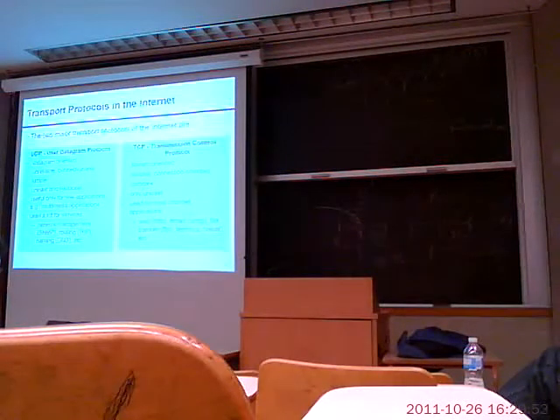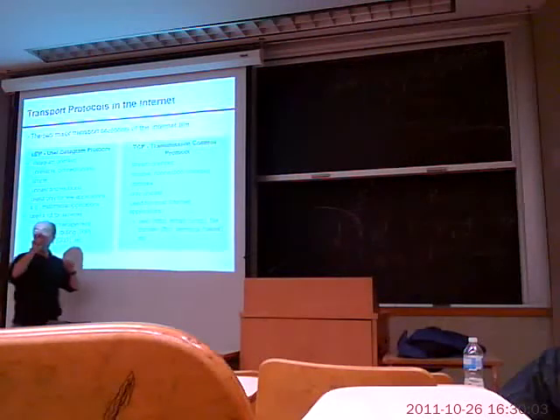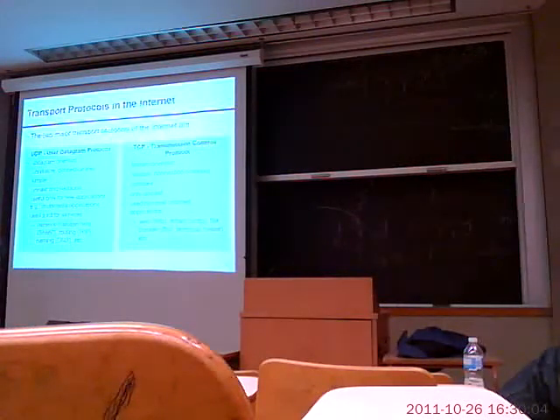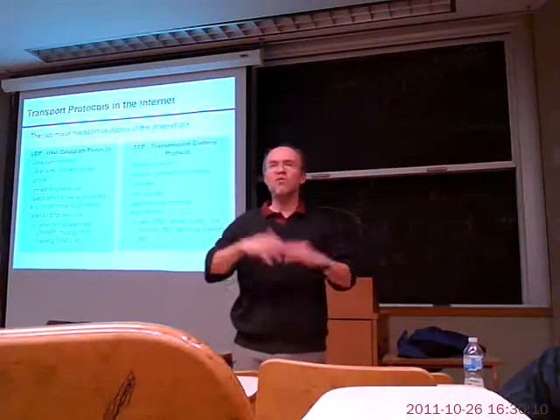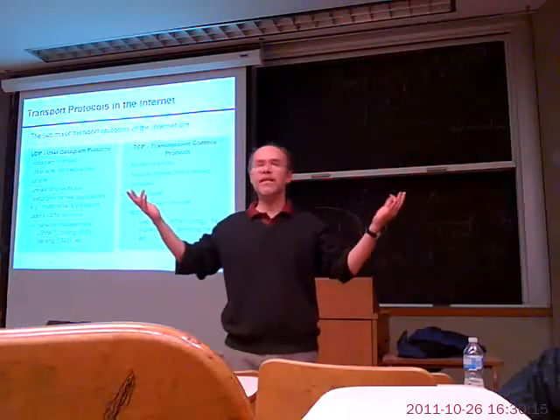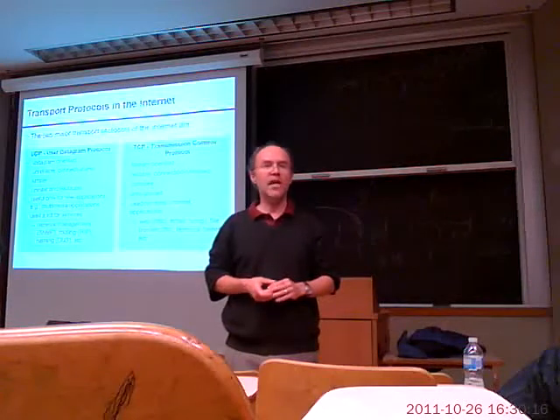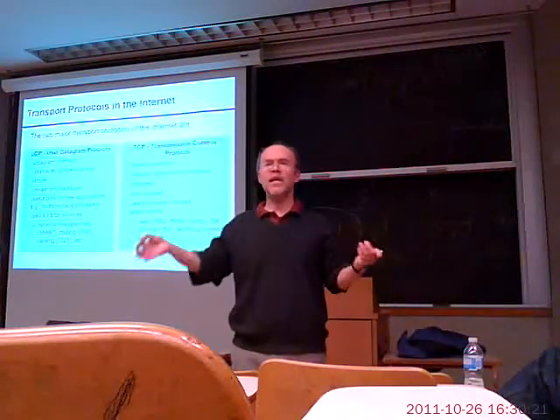What else is missing here? I want to send a data stream. I want streaming with sequence numbers, but I don't need reliability. Voice over IP could greatly benefit from that. Skyping over TCP, the retransmission of a voice channel doesn't really help.